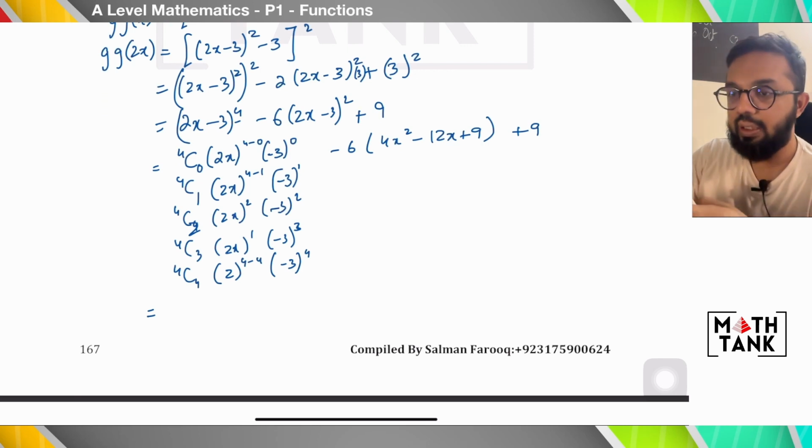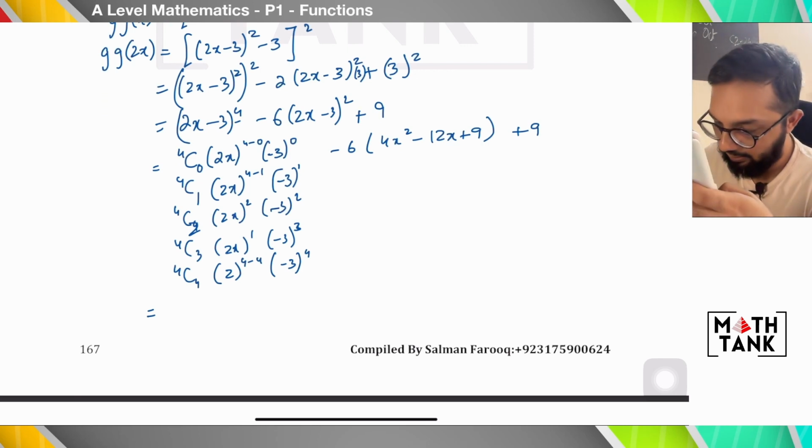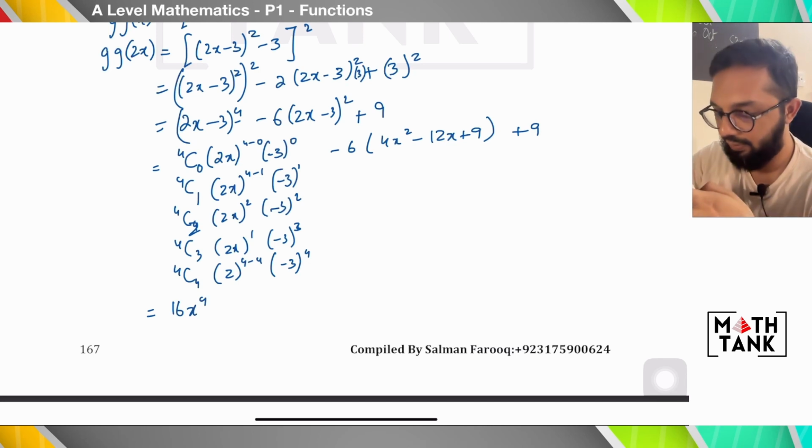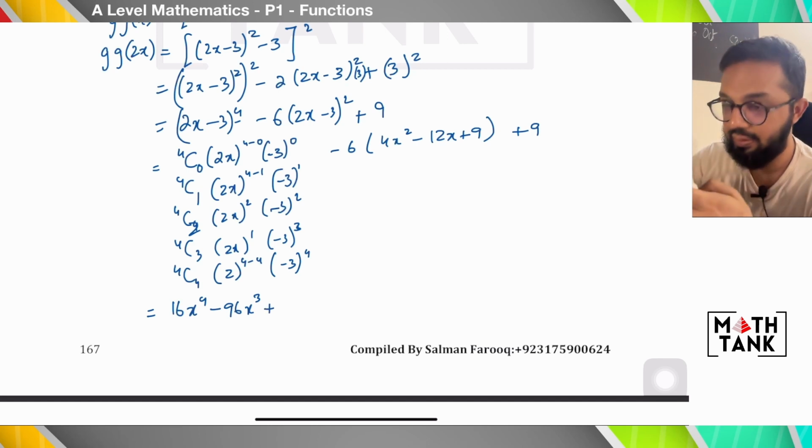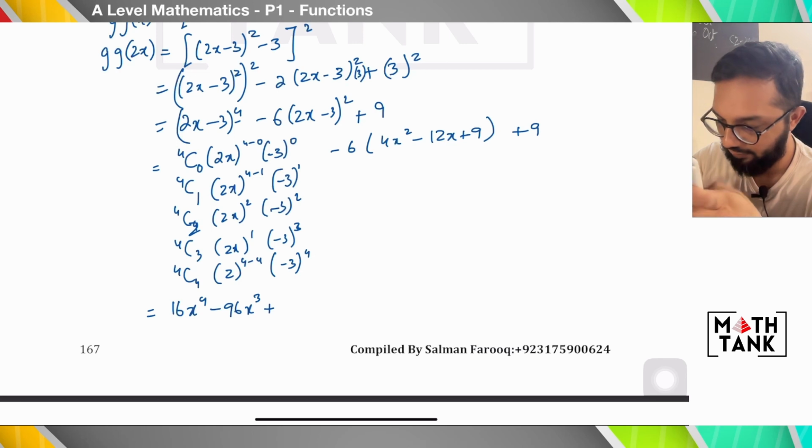Simplifying these terms quickly gives me, I think, 16 into 16 in the first one, so 16x^4. 4c1 is 4, then 2 cube is 8, and into minus 3. That gives me minus 96x cubed plus 4c2 is 6 into 4 into 9.